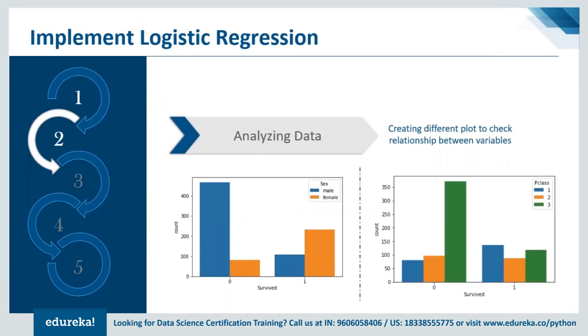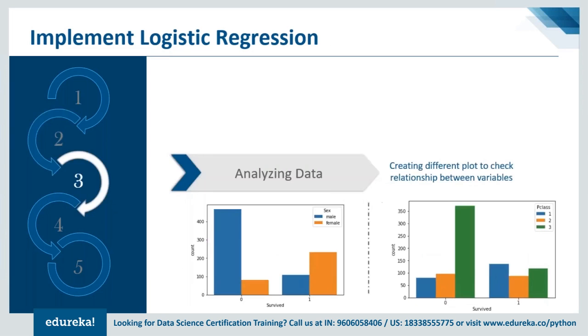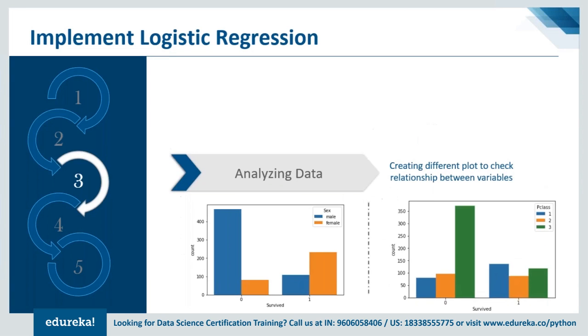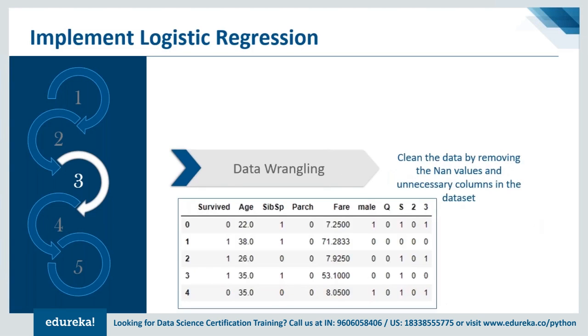Going back to our presentation, in the second step we created different plots to check the relationships, and different plots to check the variables, like the gender or the class. Then we have our next step, where we will do our cleaning.